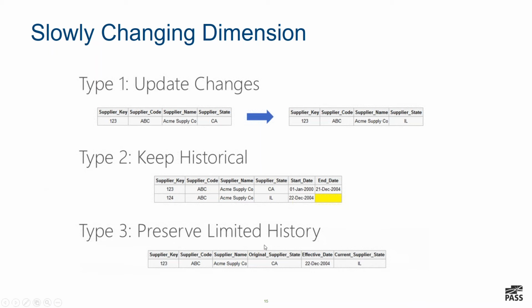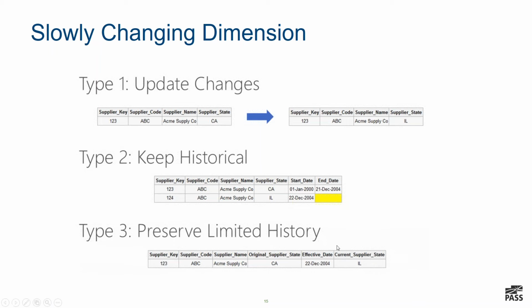Type 3, just to mention, type 2 is one of the most common types that you would use, especially when you want to keep track of changes. Type 3 says that you keep only a limited history. That means if your supplier changes state, you can have that as a separate column.